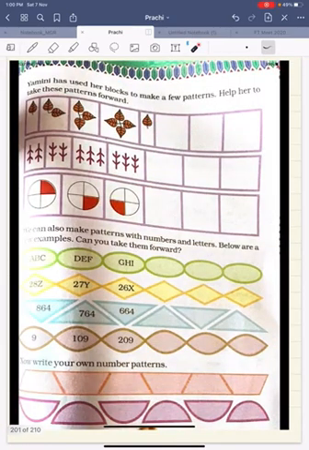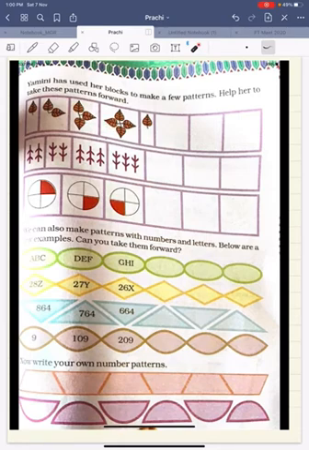Now see here, some patterns are given to you in your book. The patterns are not completed. You can see in the first box there is one leaf, and when you turn right, one more leaf is added in the next box. Again turn right and one more leaf is added, and if you again turn right, again one more leaf is added.